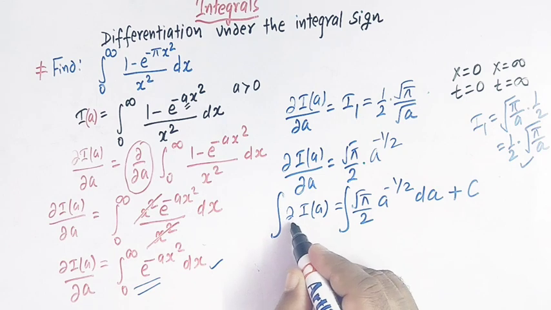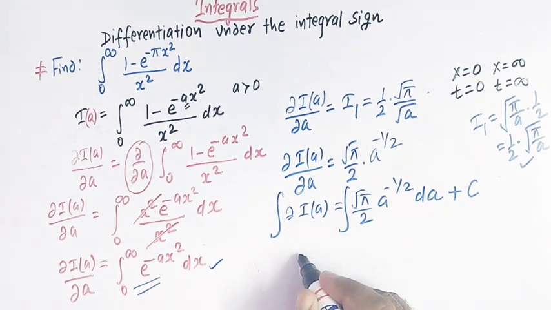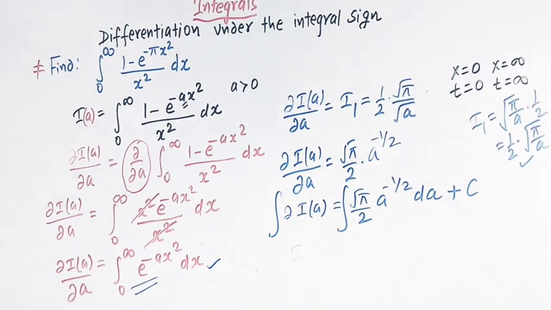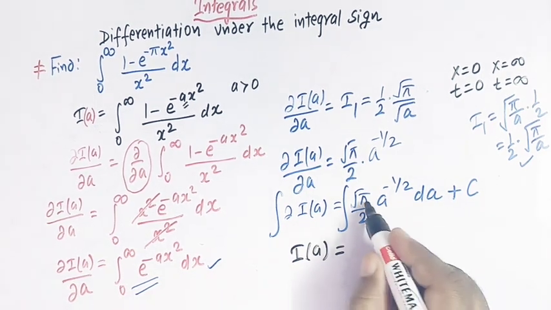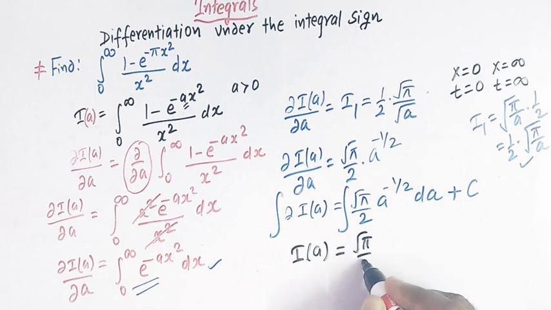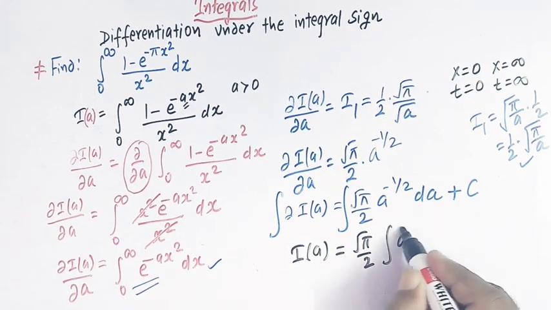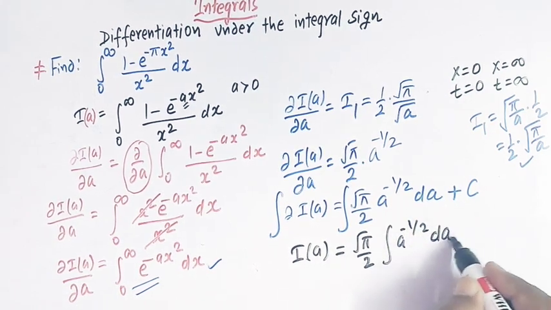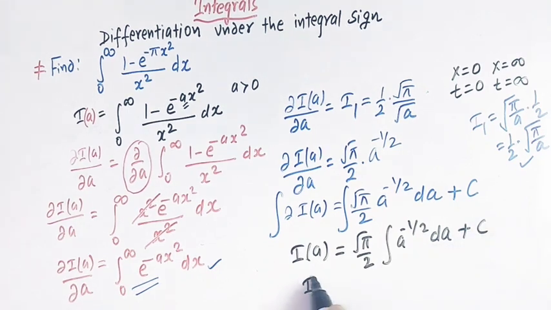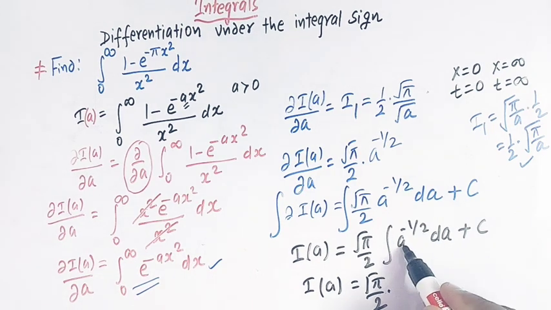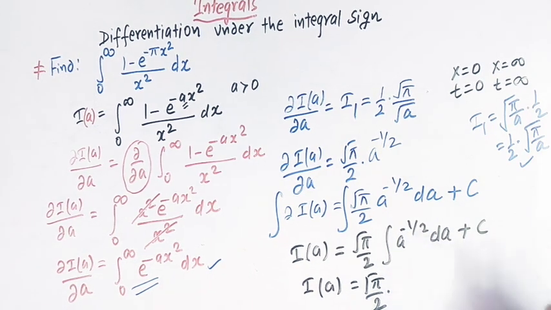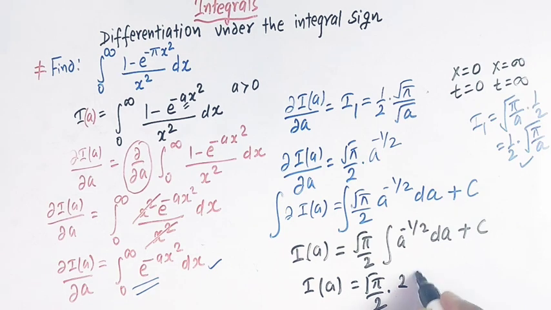So here dI is simply I(a). So here we have I(a), and here we have root pi over 2 integral a raised to minus half da plus c. So we have I(a) equals root pi over 2, and the integral of a raised to minus half da is 2 times square root of a, right?